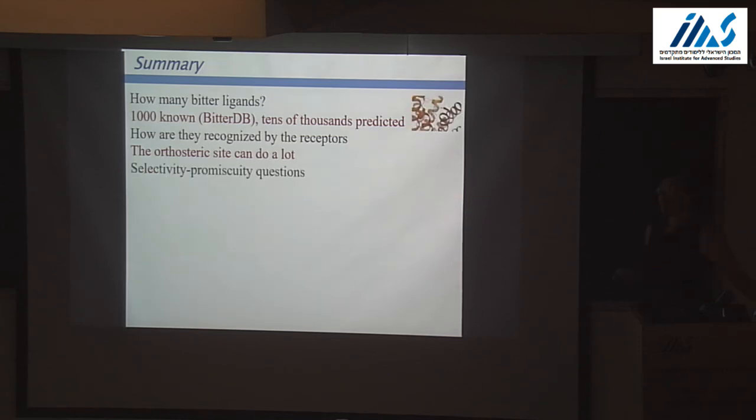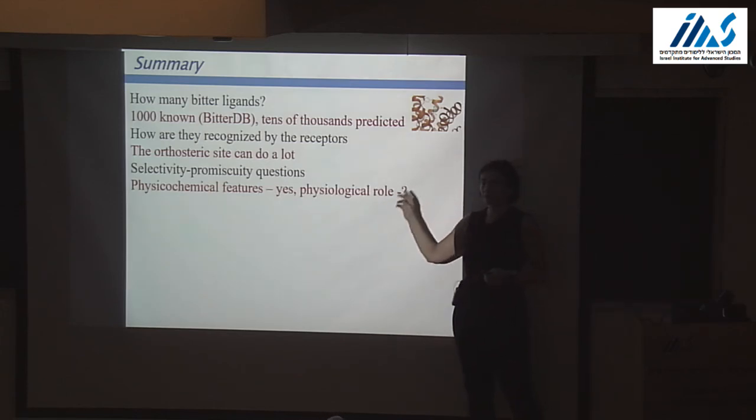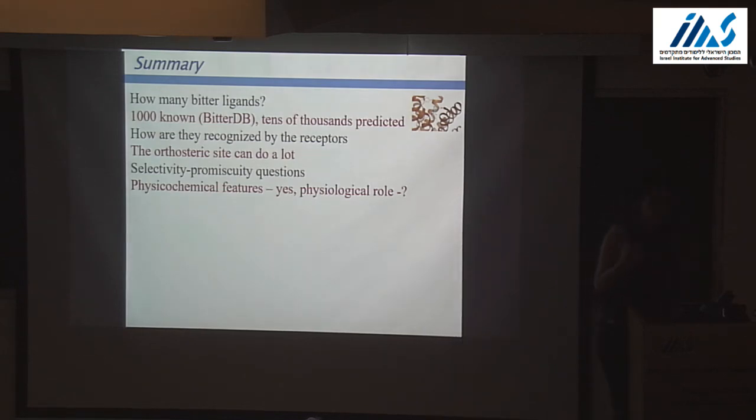Then we were concerned with the selectivity and promiscuity question, and so we could discern the physicochemical features that make a ligand or a receptor more prone to promiscuity, but we still don't know what the physiological roles are of having a ligand with multiple target T2Rs versus one with a single one.